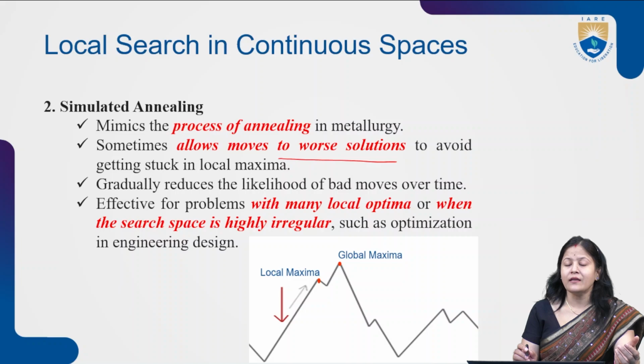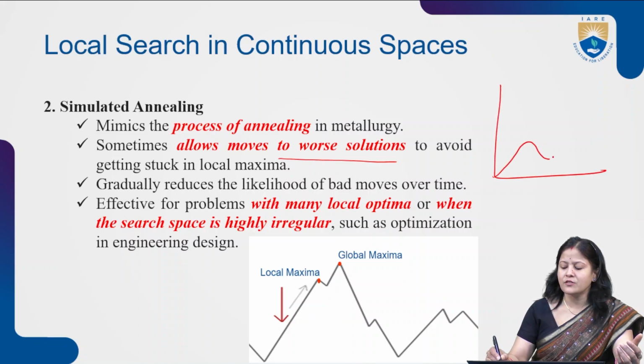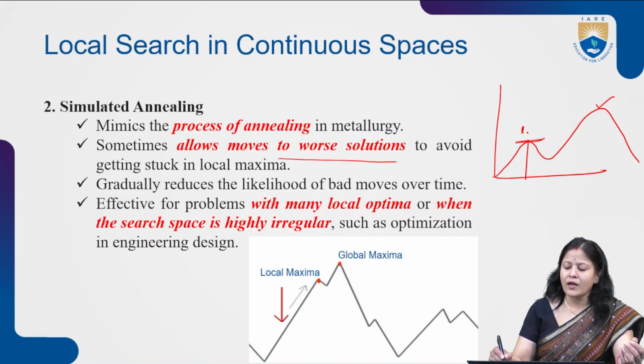As I told you in our hill climbing algorithm, if the space is like this, after reaching here the agent may stop. Even though there is a global maxima, it stops at the local maxima. This is our global maxima, right? To overcome that problem, simulated annealing is used, which allows moves to worse solutions to avoid getting stuck in the local maxima. How it allows that, I will tell you here.